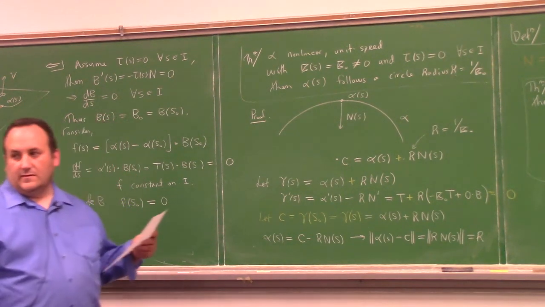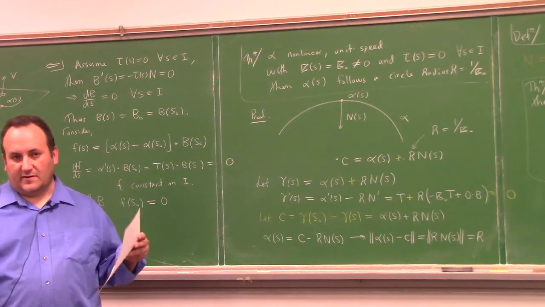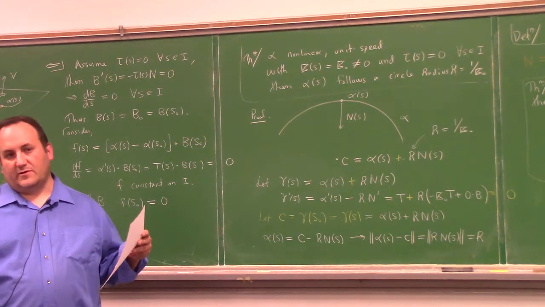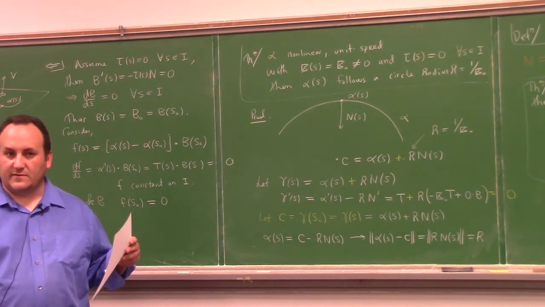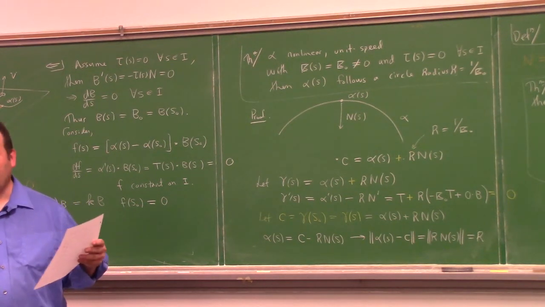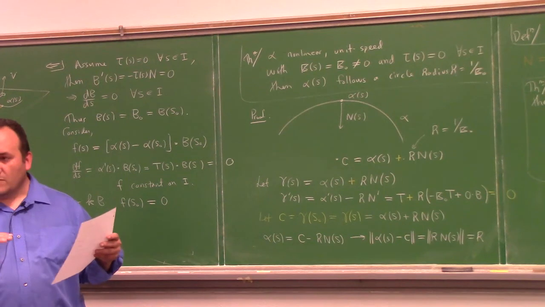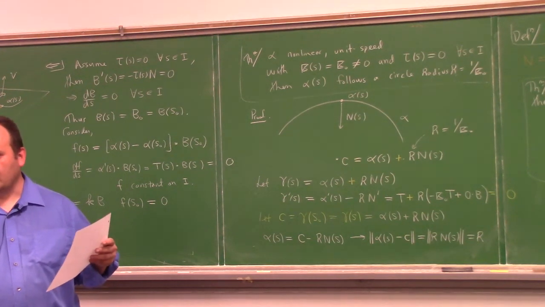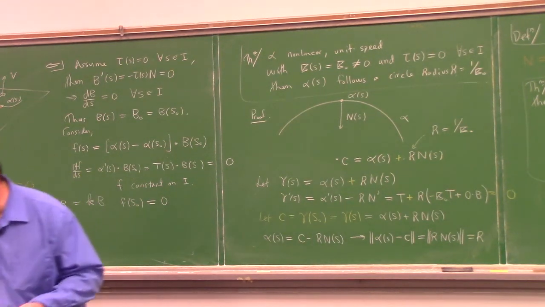So the curves of least curvature on a sphere are the great circles. Any other curve on the sphere has a curvature larger than that of the great circles. The proof is on page 41 in the notes. I'd encourage you to read it. The method of the proof is almost identical to what we've done in class for the last two proofs, so I won't belabor it. I'll move on here.